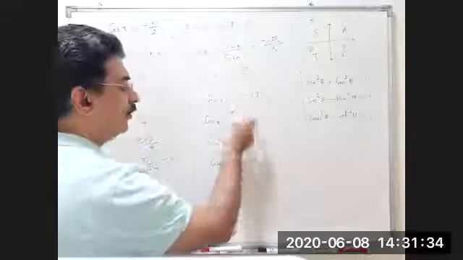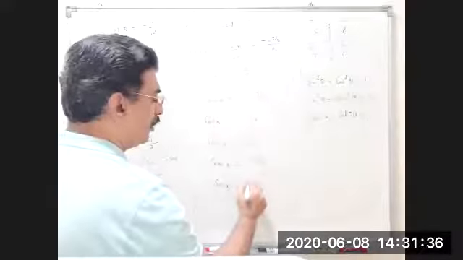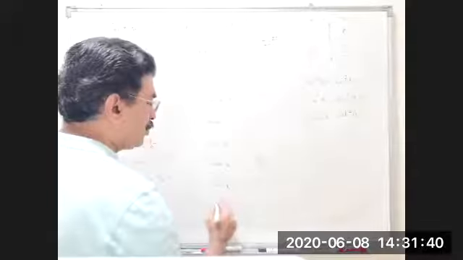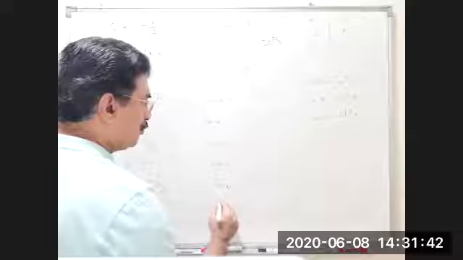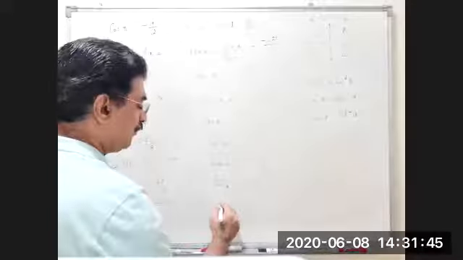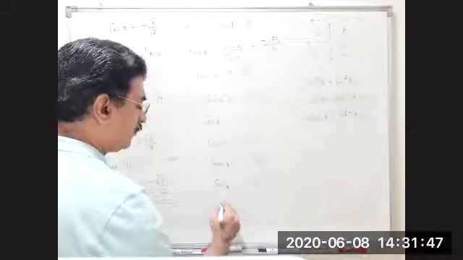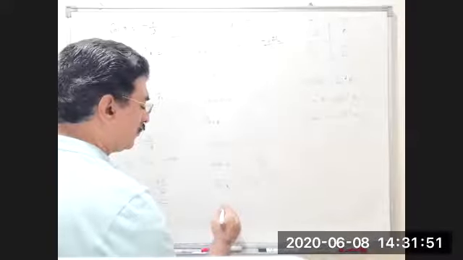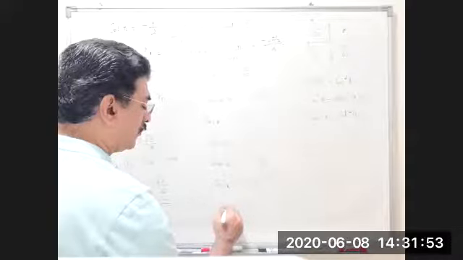Sec x is the reciprocal, minus 2. Cot x is 1 by root 3. Cos is given, and we found the remaining 5.